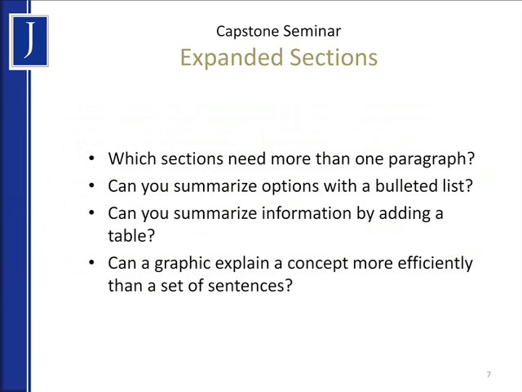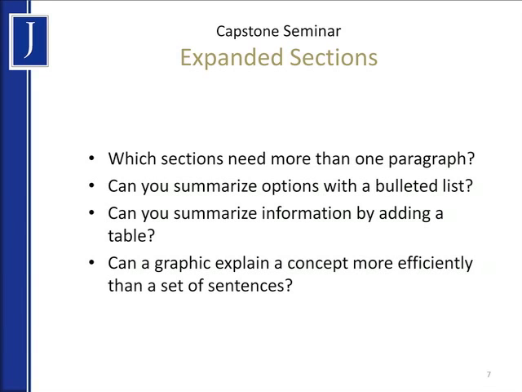Once you have done a 7-paragraph summary, you can ask yourself which sections need more than 1 paragraph. You can ask yourself whether you could summarize some options with a bulleted list.